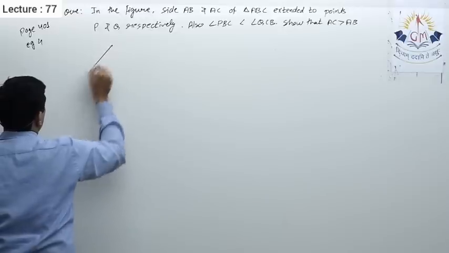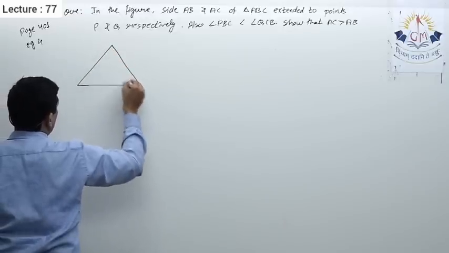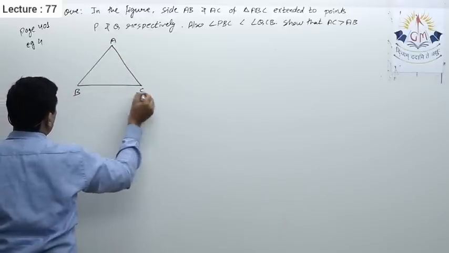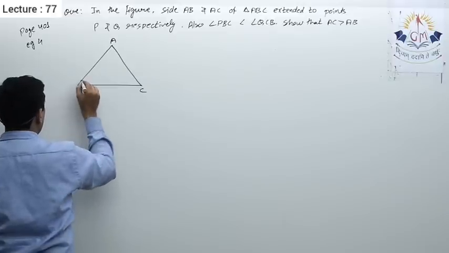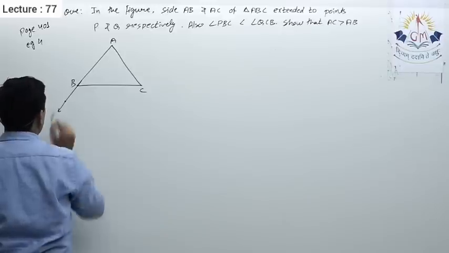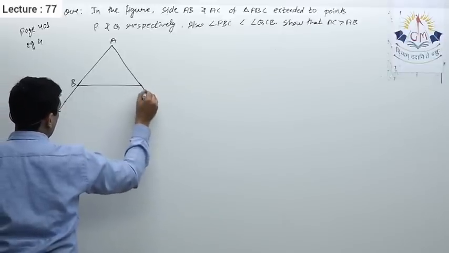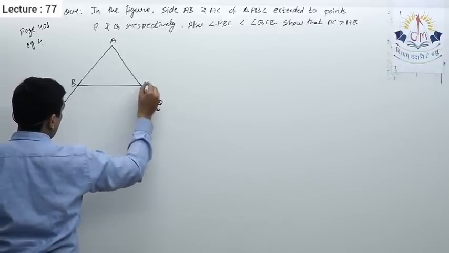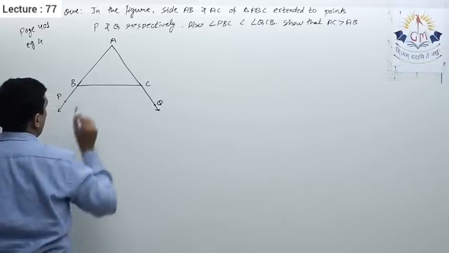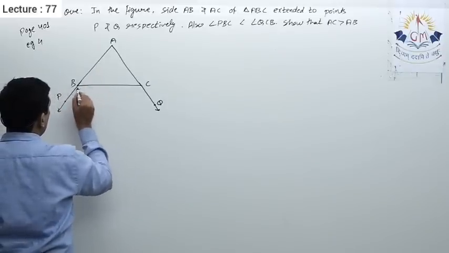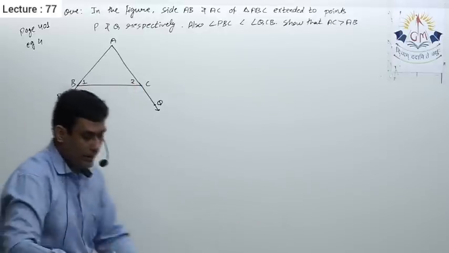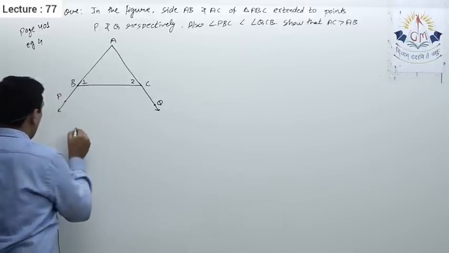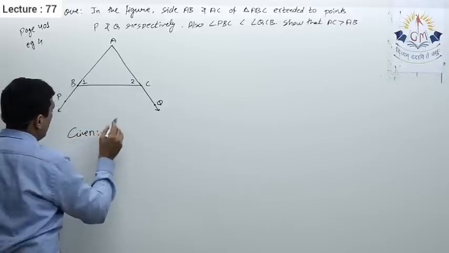Okay, so the diagram is given. This is triangle ABC. AB and AC are produced. When AB is produced we get point P, and when AC is produced we get point Q. Angle PBC I'm calling angle 1 and this is angle 2.